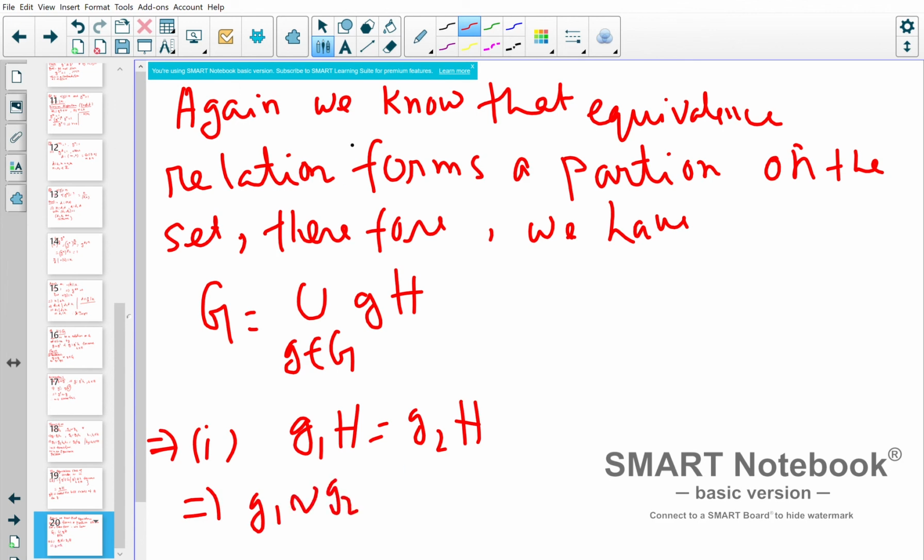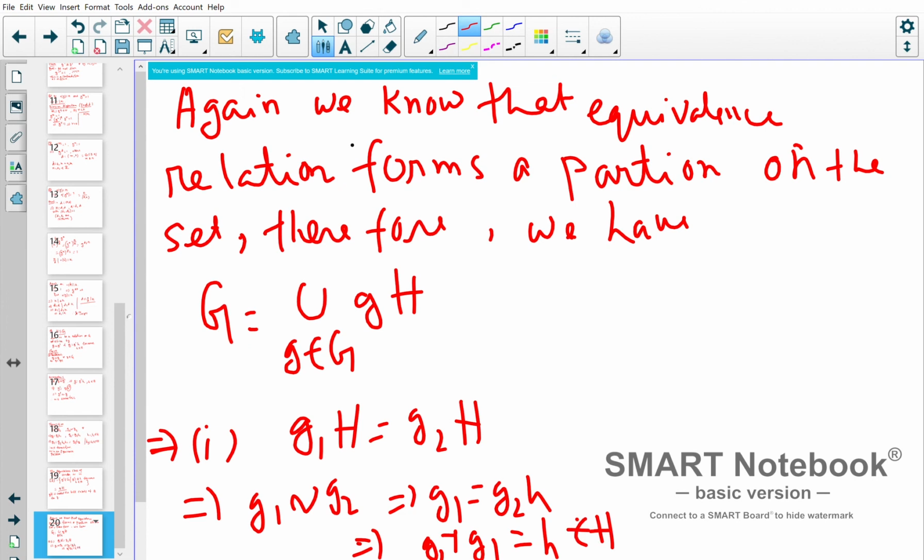That is nothing but telling that G1 equals G2 times some H, and this implies that G2 inverse G1 is an element of H, right?